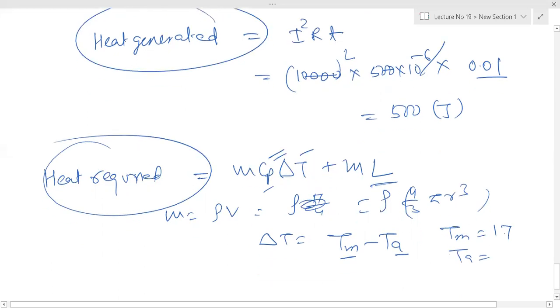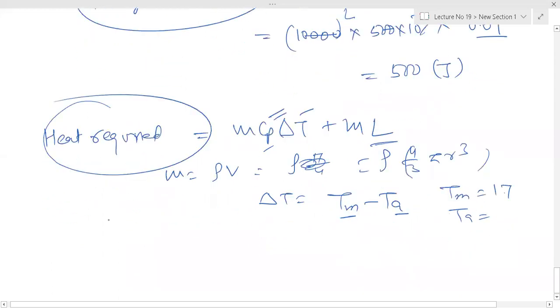Then what is that? Thermal efficiency. So thermal efficiency will be the heat required over heat generated. Heat required will be how much? 352.5. This is heat required, this much joule. And heat generated is 500.